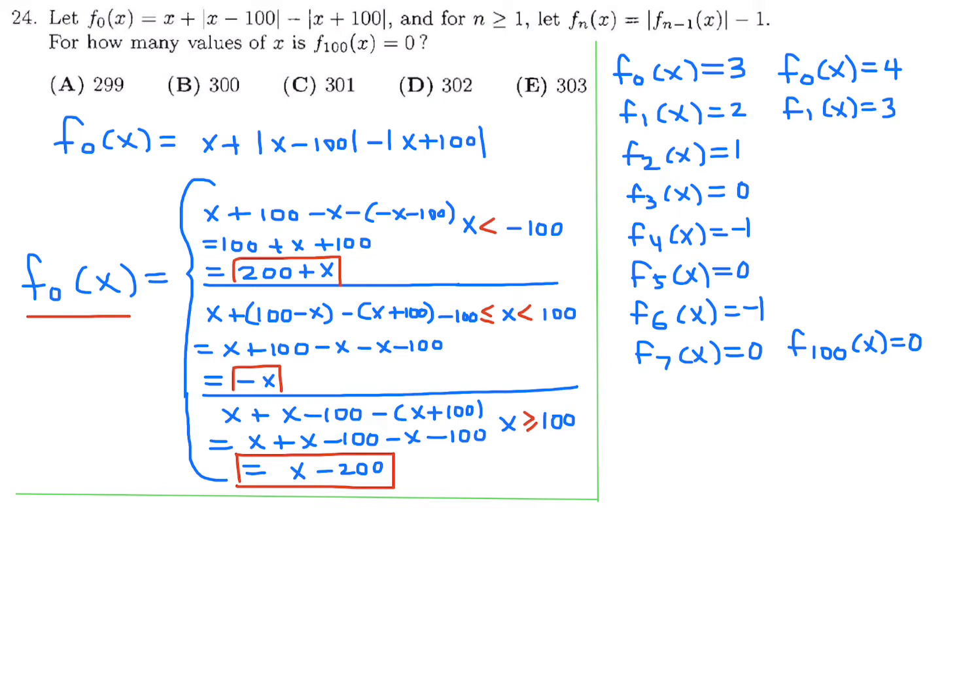Like that. And I'll just write them out just to sort of convince you. 2, 1 for this one. f at 4 would be 0. And then f at 5 at x would be negative 1. And then f at 6 would go back to 0.